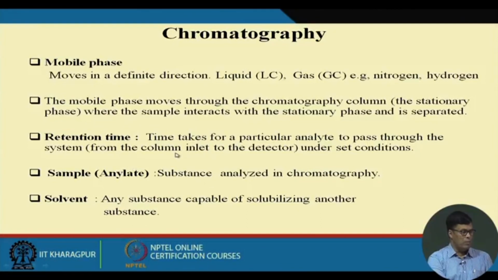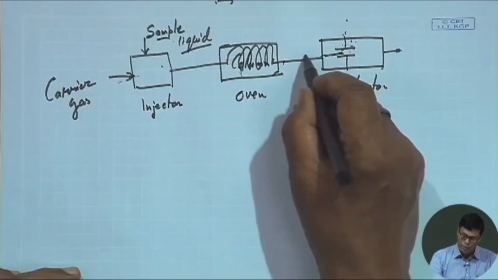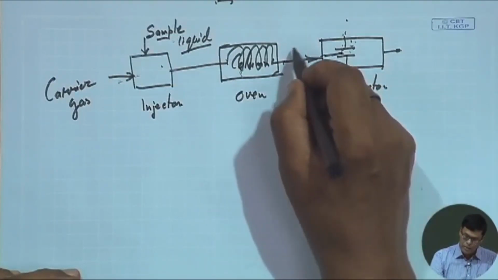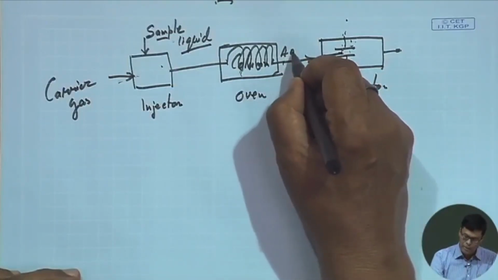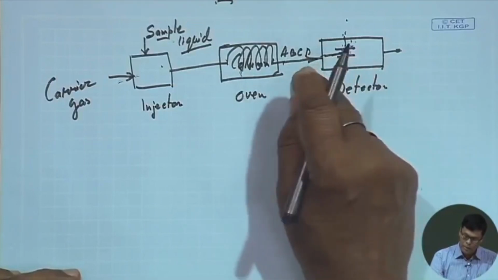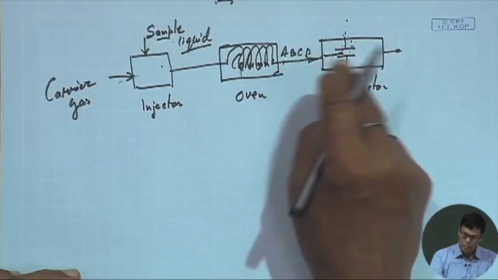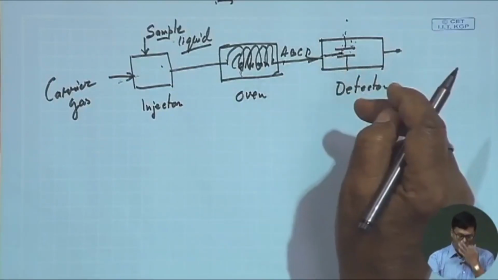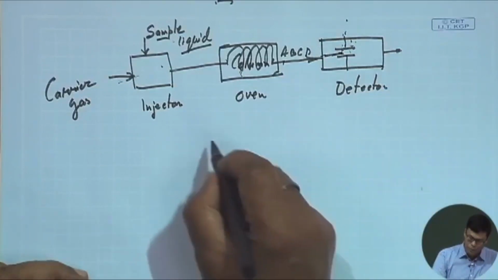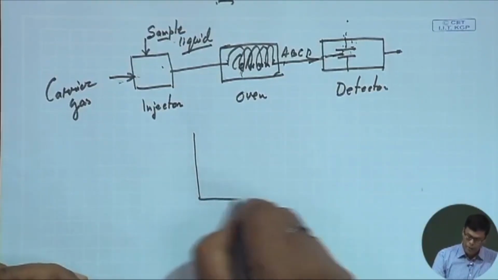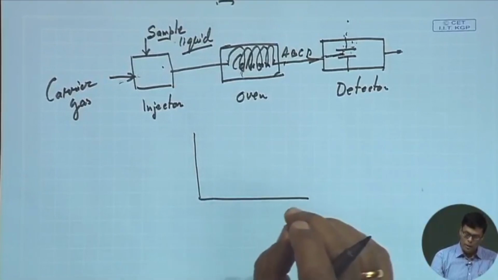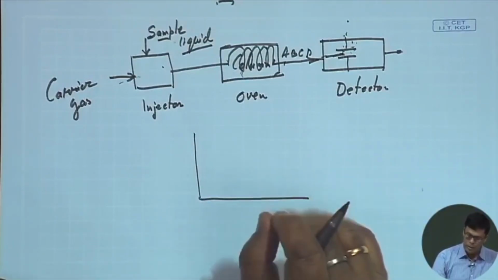The retention time is very important as far as gas chromatography is concerned. That is the time required to separate, because when the sample is coming here, suppose the sample contains different components A, B, C, D. First A is coming, then B will come. Initially, we have to find out what the probable components present in that sample are.